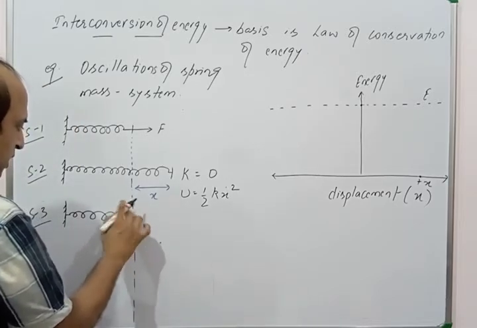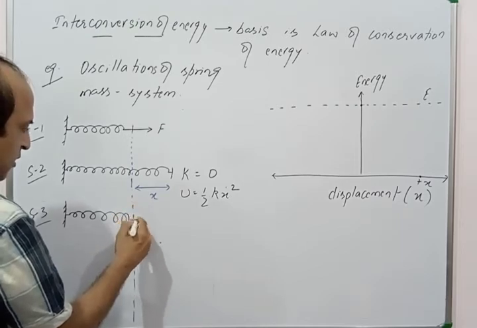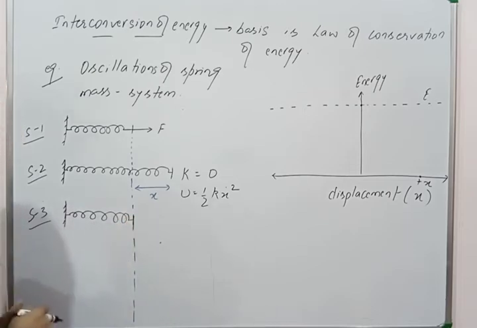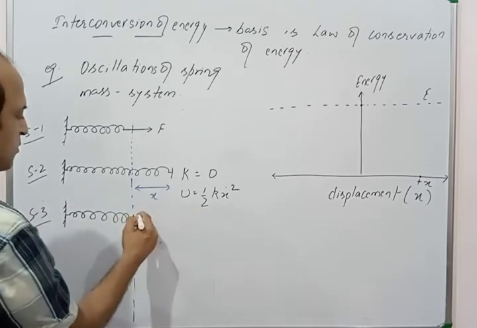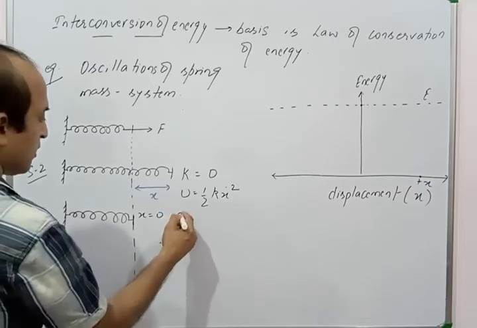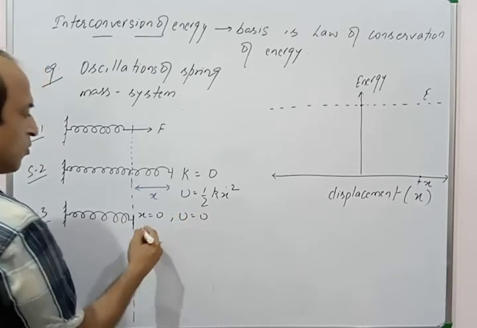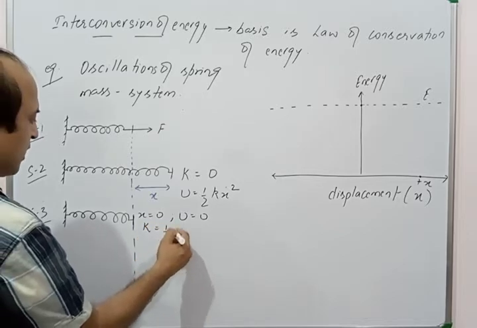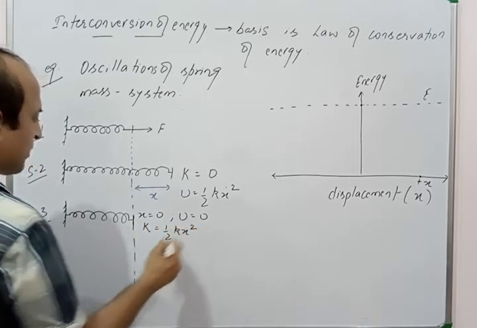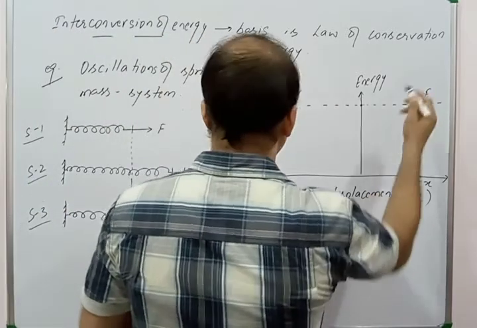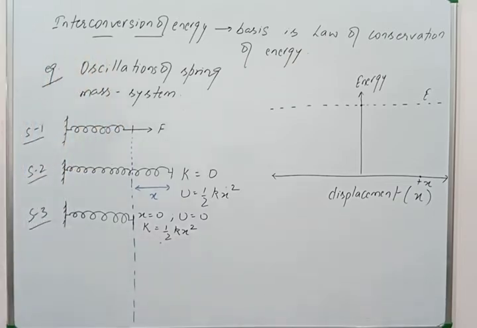So my spring is crossing this mean position again. When the spring is crossing the mean position, x becomes 0 and elongation is 0. Therefore potential energy is 0. ये गई कहाँ? Converted to the whole amount of kinetic energy. The value is again half kx square, because the total energy remains conserved, shown by E.